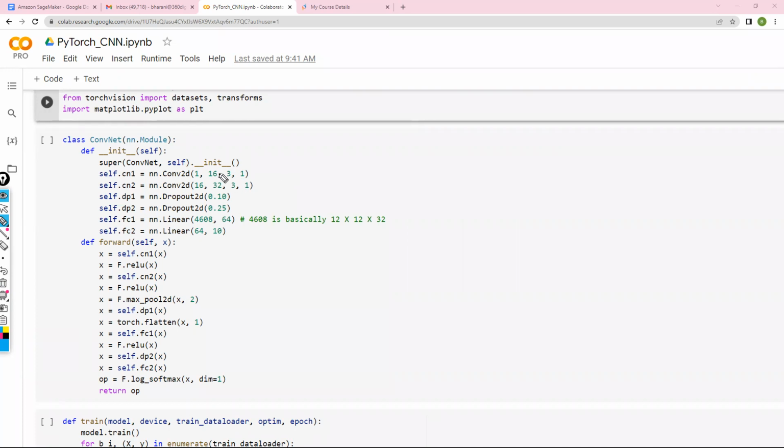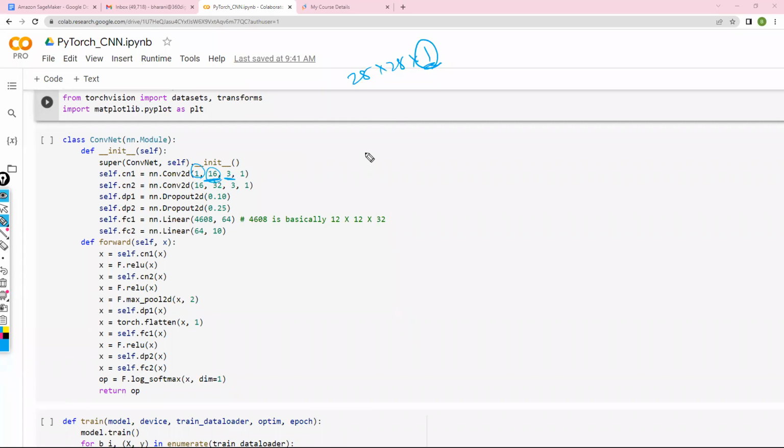So our first convolution layer takes one channel data and outputs 16 channels, right? The image is 28 by 28 by 1, so it's taking one channel. If you apply 16 3 by 3 filters, you'll get 16 different channels as output.